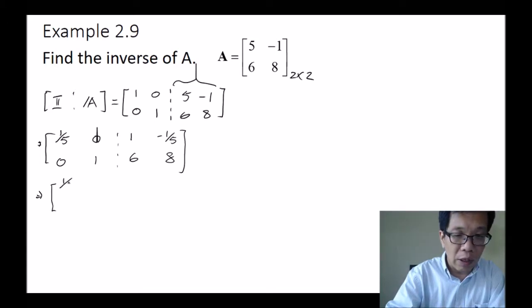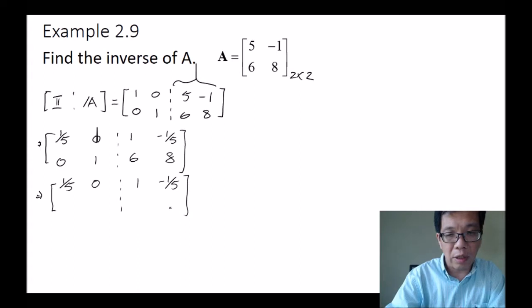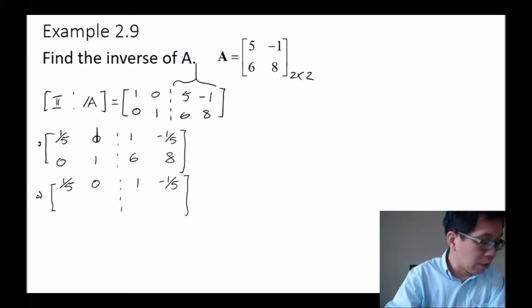When we do that, we're going to have 1 over 5, 0, still 1, still 1 over 5, negative of course. This part remains the same. The second part over here, let's take care of this part first. Of course, it becomes 0.